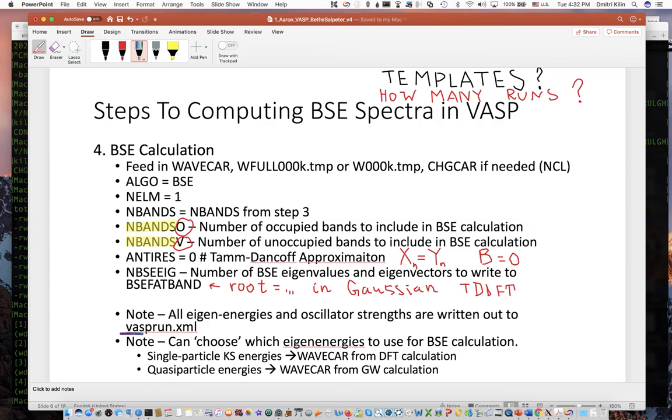I had to hunt for those for a while, but they put them in an odd location, and it's basically just written out as text. And then to find the eigenvalues and eigenvectors, those are in the BSEFATBAND file.